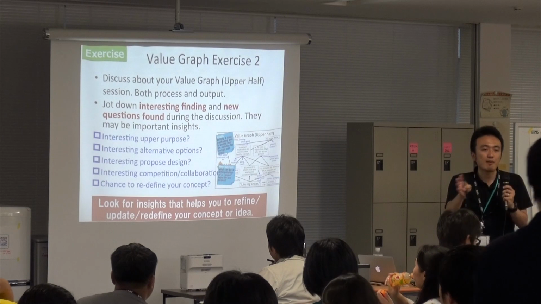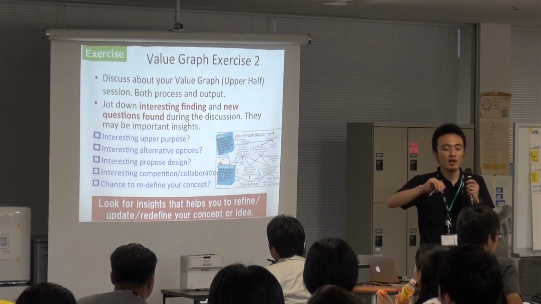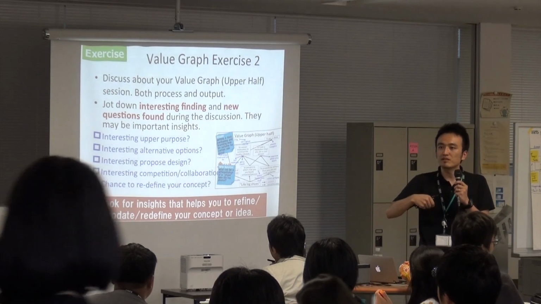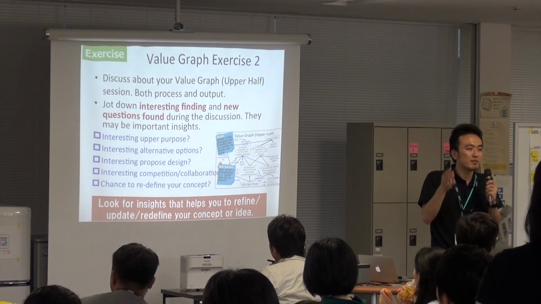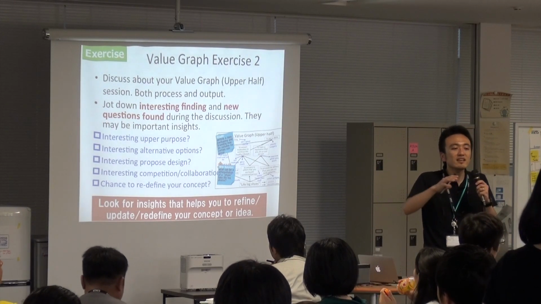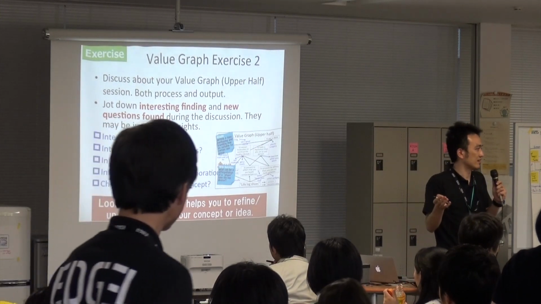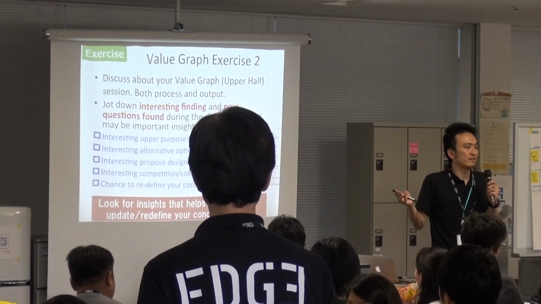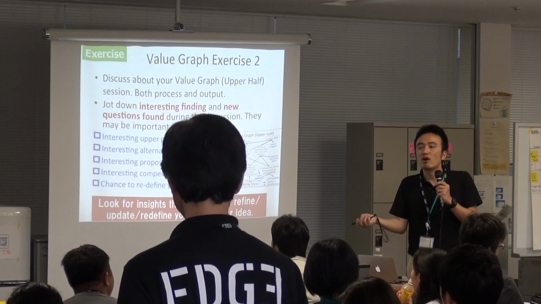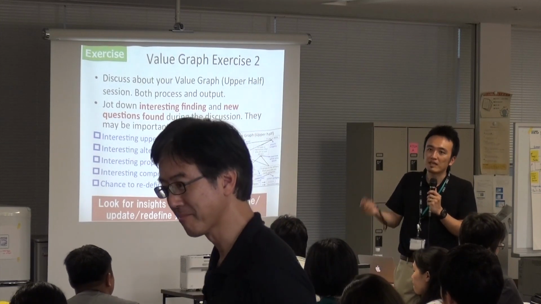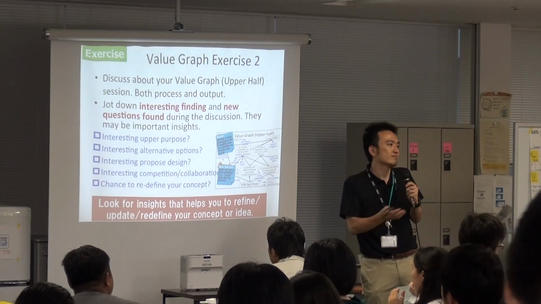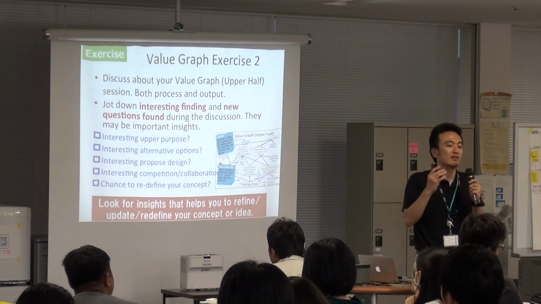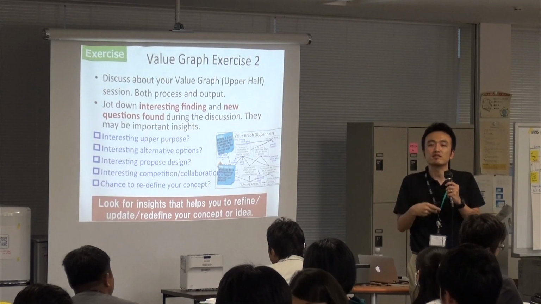Stop creating new higher purposes and alternatives, and try to discuss using them, because this is the meat. Making the value graph is nothing. It doesn't mean anything. But the insight following this is the meat that we want. If you don't see any meat, there was no meaning in making this. But of course there's meat.